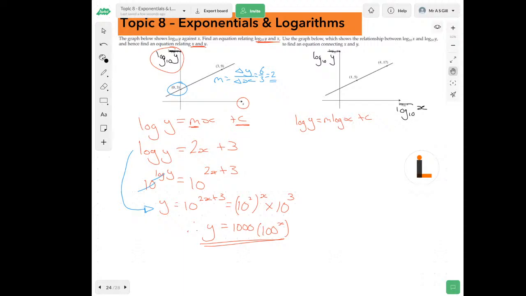And then now we can substitute our values to find m and c.